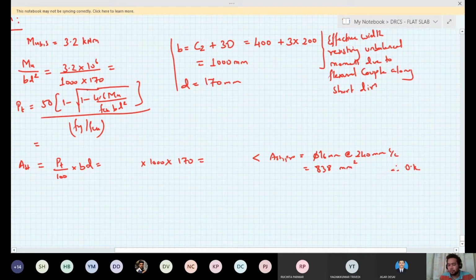So how much is this PT value and Mu by bd square? It is 0.031, 0.031%, and this is only 53 mm square per meter.